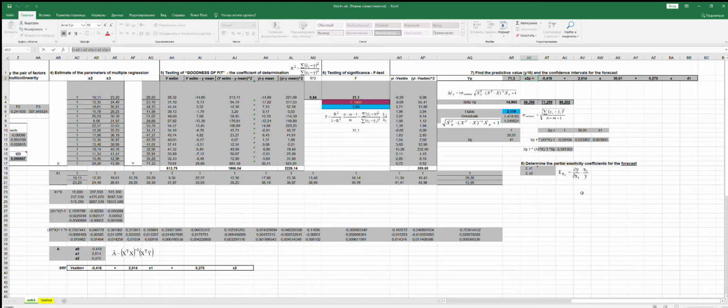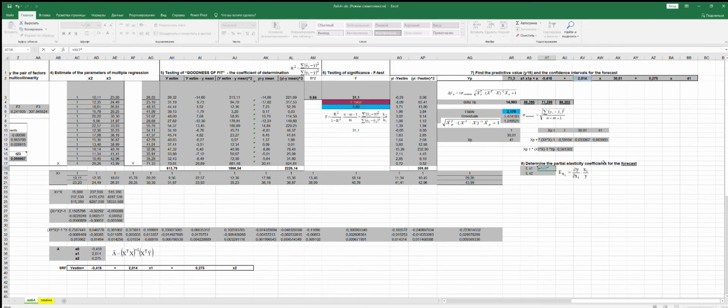So, for example, the partial derivative dy by dx1 predicted will be equal to what? This part of the coefficient will be equal to a1. So we put a1, which we can take from this place.